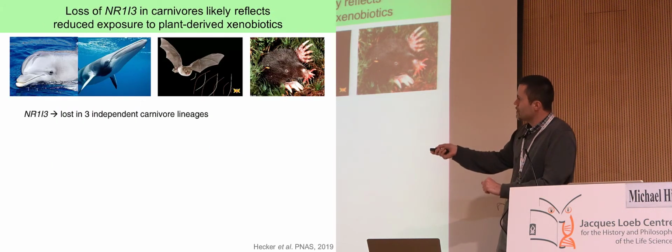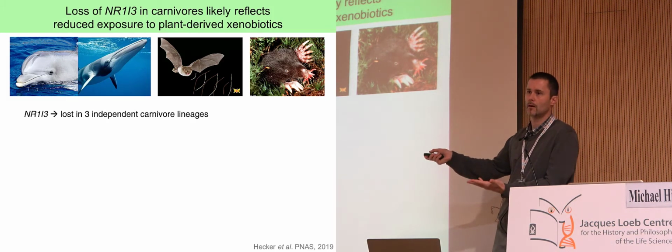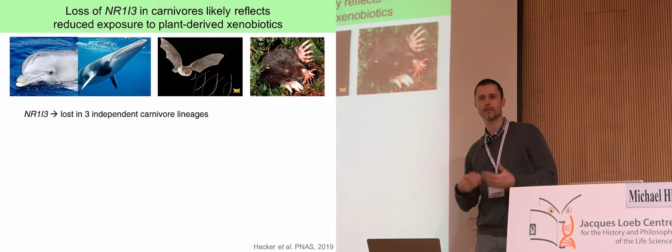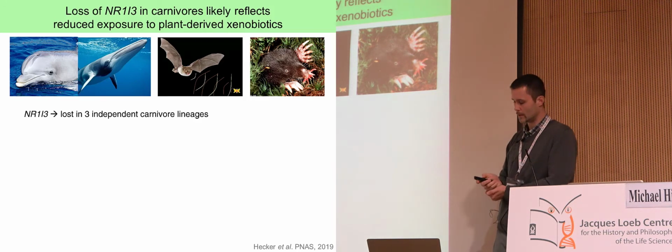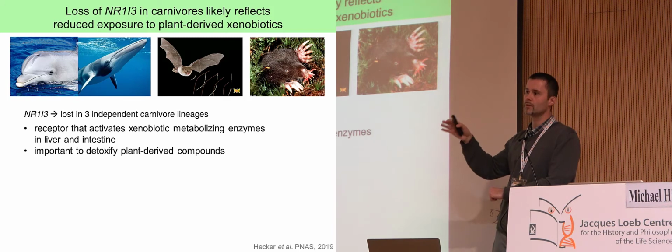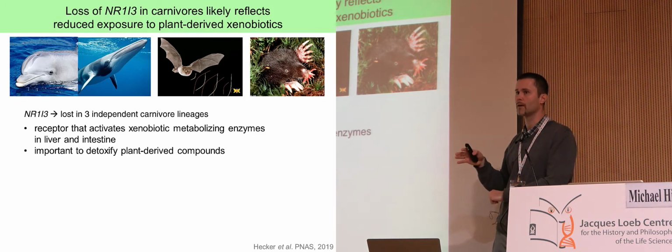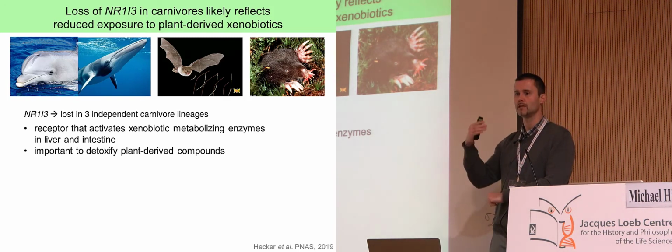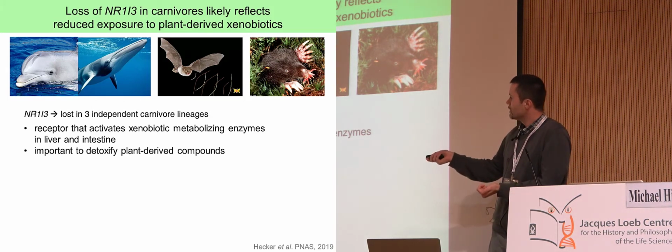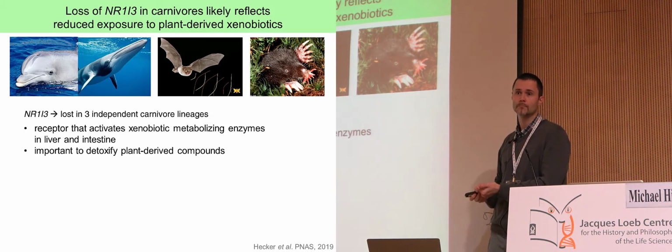We found that a gene called NR1I3 is lost in 3 independent carnivore lineages: whales and dolphins, insectivorous bats, and this Star-nosed mole, which is eating earthworms and creatures like this. This gene encodes a receptor that activates a whole suite of xenobiotic metabolizing enzymes, which you need to detoxify and metabolize foreign compounds, such as those contained in plants.